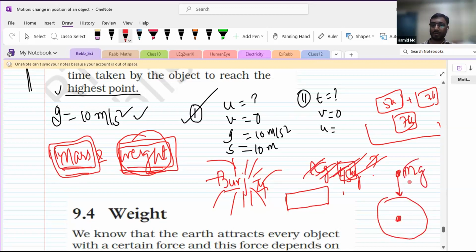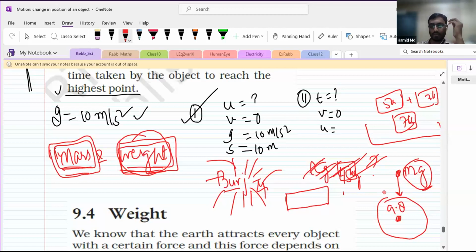This is called the weight, right? So how does weight change? On the Earth, the value of g is 9.8, a constant near the Earth's surface.